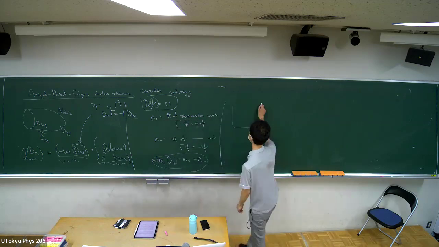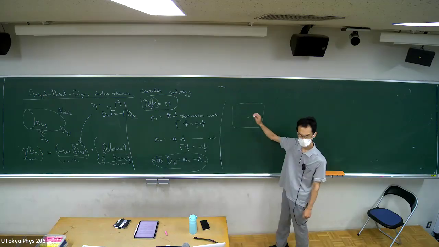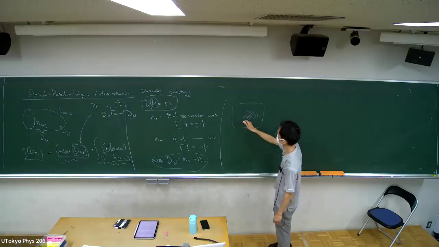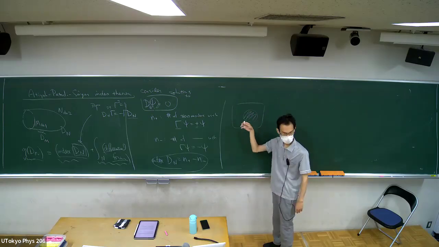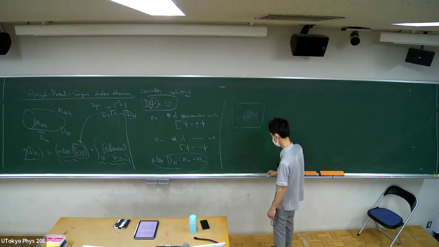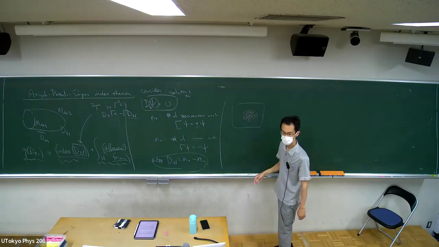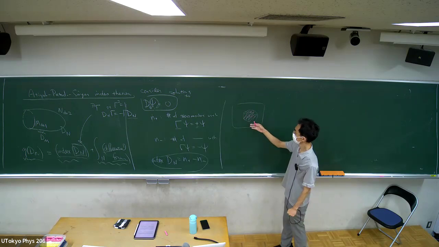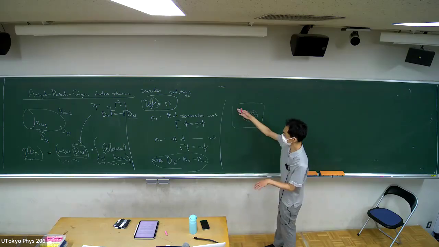So suppose you have a two-dimensional plane with a magnetic flux going through some region. Usually in the Landau problem, you consider an infinitely large plane with a uniform magnetic flux. Classically, a charged particle goes around in circular motion. You can quantize them, and you will have a number of states with a huge degeneracy, and the density of states is proportional to the area.